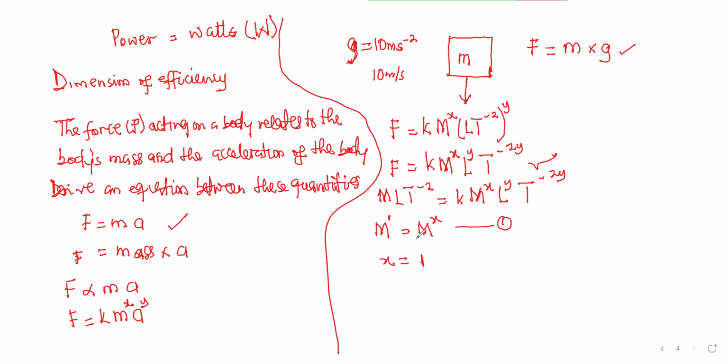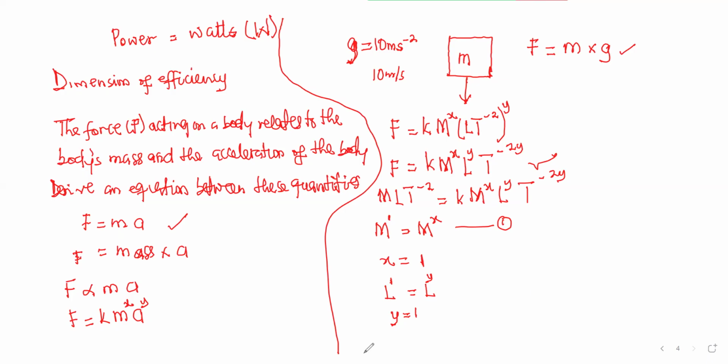So we have X. Then L to the power 1, L to the power Y. Clearly, Y is also 1. Yes, sir. Okay, and once we find Y, we can ignore the T because it will give us the same value.